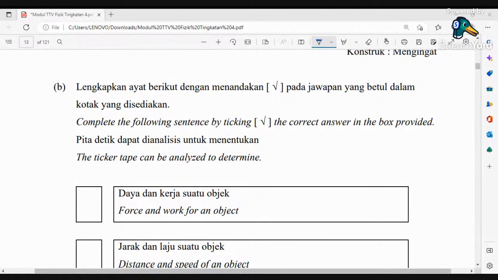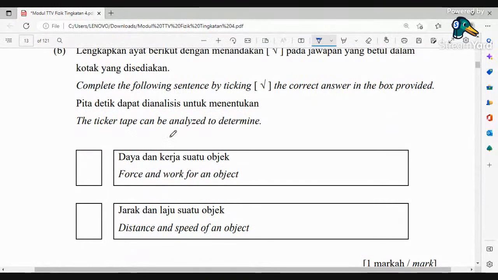Question B. Complete the following sentence by ticking the correct answer in the box provided. The ticker tape can be analyzed to determine what? I already told you the other day about analyzing motion. We use it to determine what?